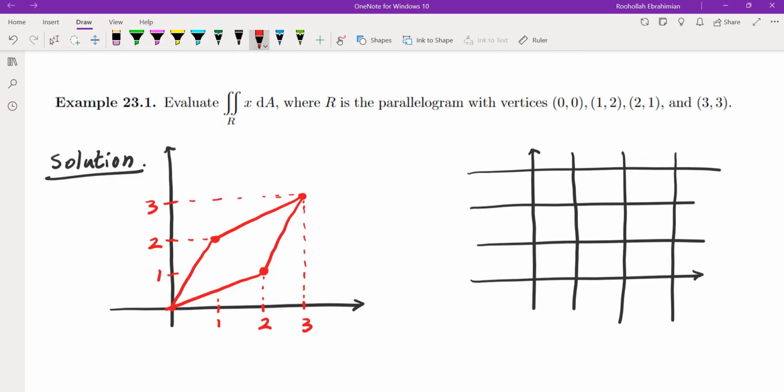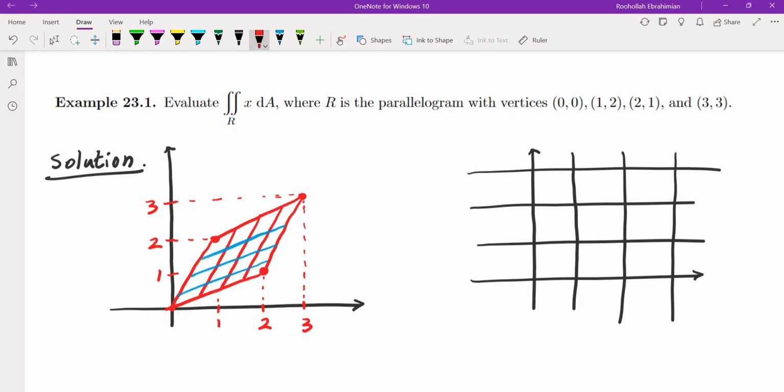But if we look at lines that are like this, these lines perfectly fit the region. So if we change our grid into these lines and also these lines, this region is going to be much easier to deal with. So what do we mean by these lines that are not vertical or horizontal?